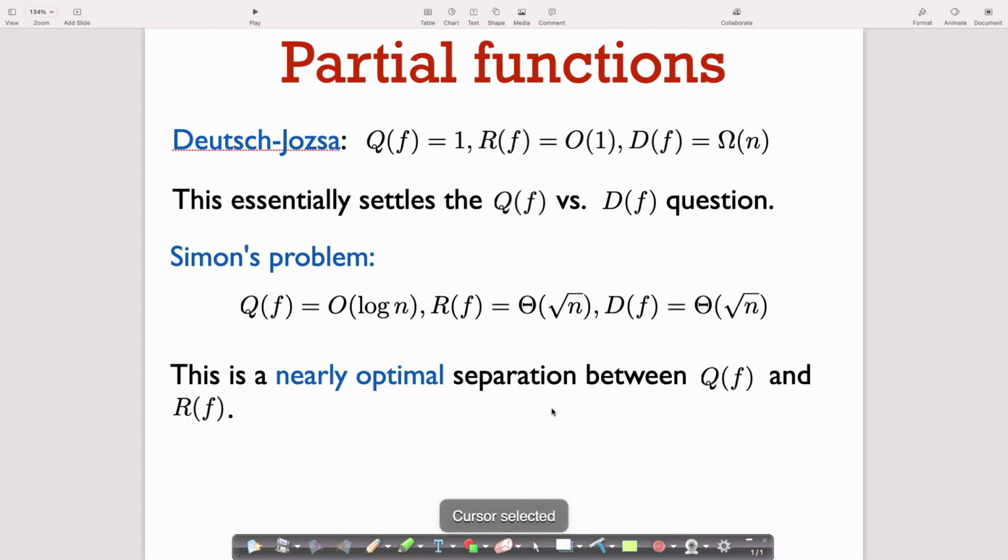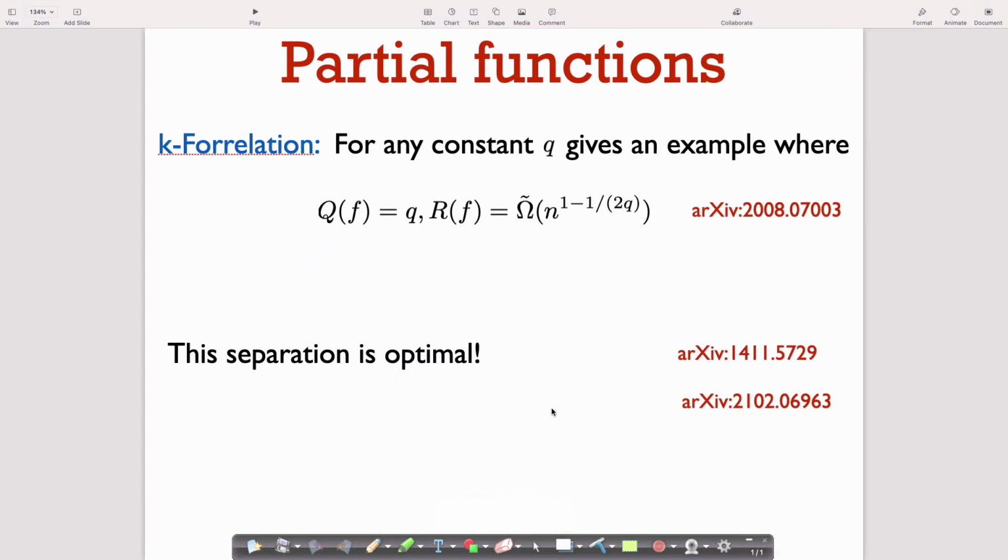Okay, so we know something slightly better now. So the k-correlation problem, I'm not going to define that right now, but that essentially gives optimal separations between quantum and randomized query complexity.